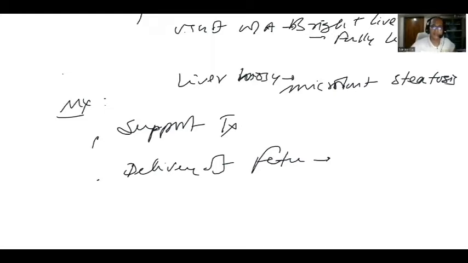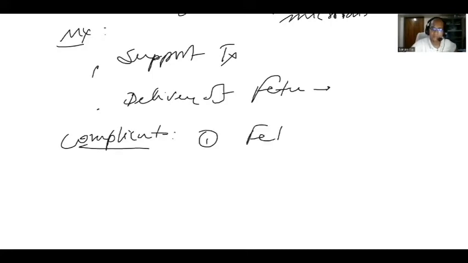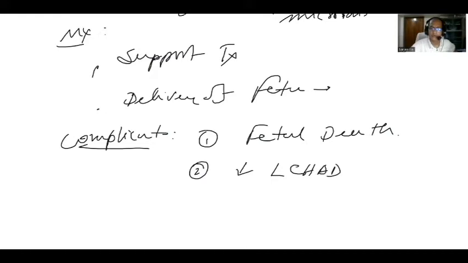Actually, the question is, what is the complication of acute fatty liver of pregnancy? Number one, fetal death, and number two, there is inherited deficiency of LCHAD, that means long chain hydroxyacyl dehydrogenase.